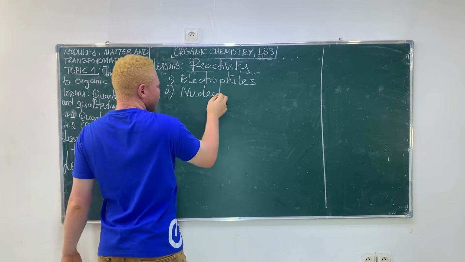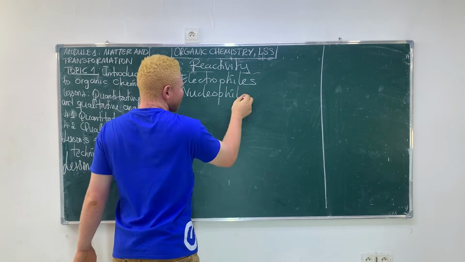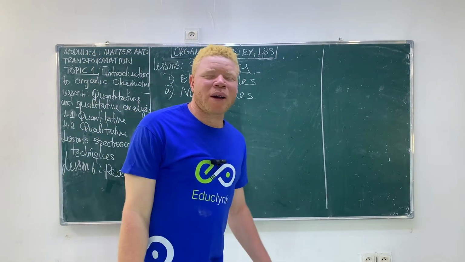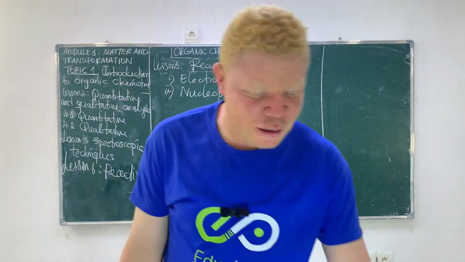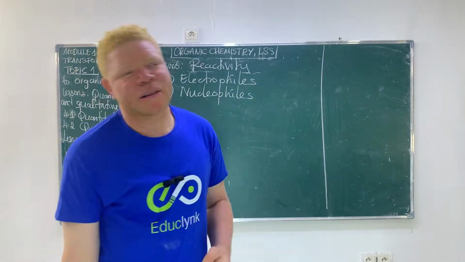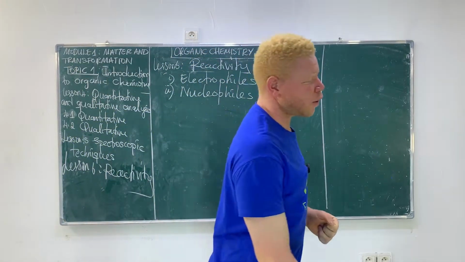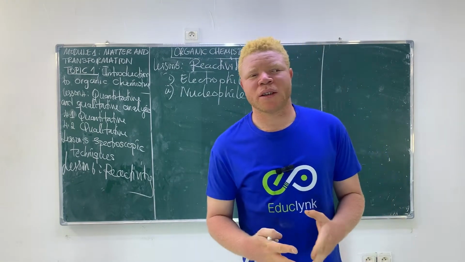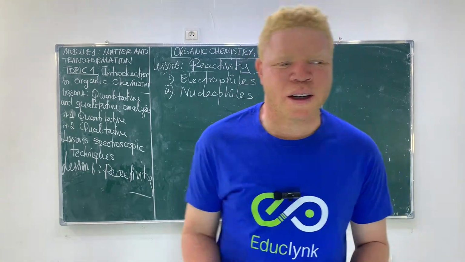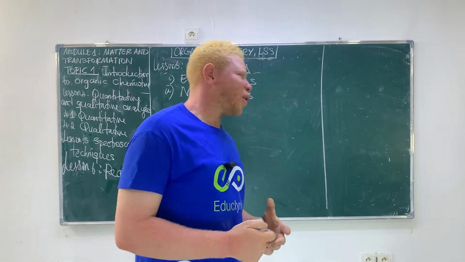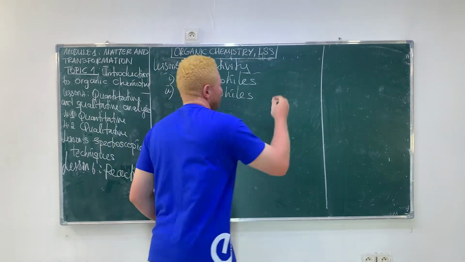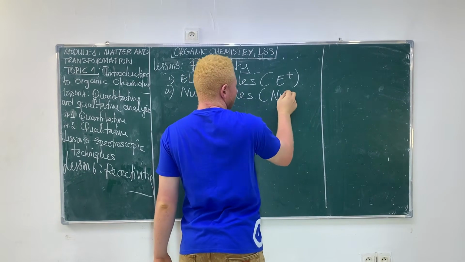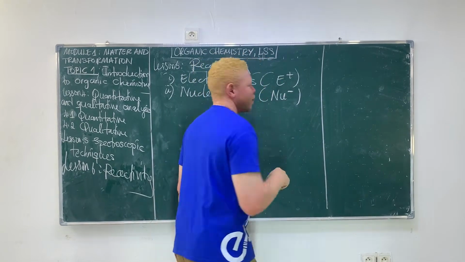An electrophile is an electron deficient species that reacts by accepting electrons. A nucleophile is an electron rich species that reacts by donating electrons. In organic chemistry, an electrophile is denoted as E plus, while a nucleophile is denoted as Nu minus.